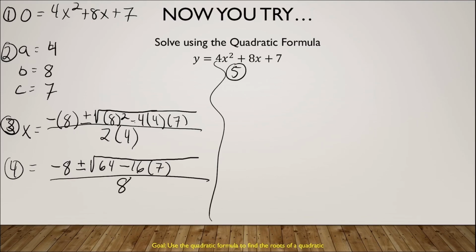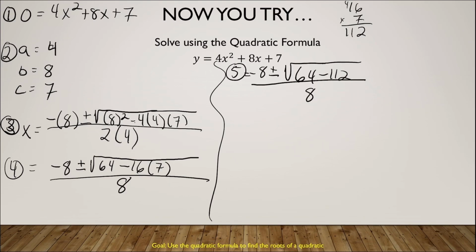Step 5. We have negative 8 plus or minus the square root of 64. Let's see what 16 times 7 is. We get 112 minus 112, all divided by 2 times a, which is 8.